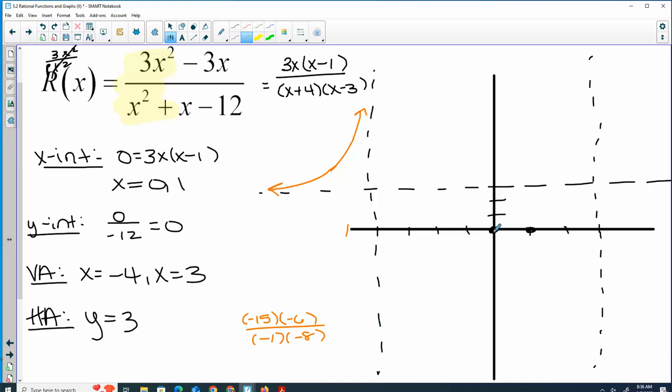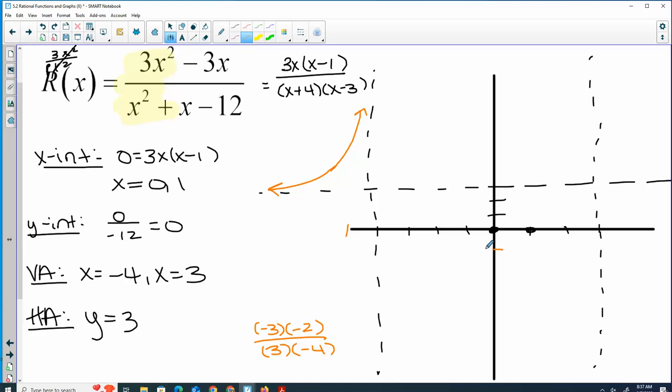Okay, this middle section, can we tell what it's doing? Maybe, maybe not, depending on how confident you are. You could plug in some points if you wanted to see. If you put in -1, you have a calculator in your hand, so you should be able to do this. -1.